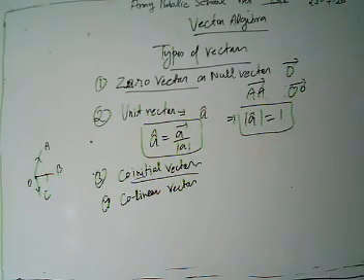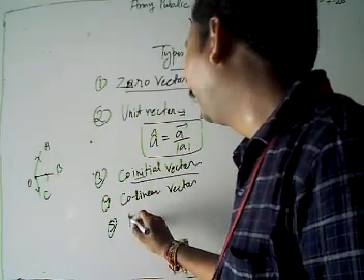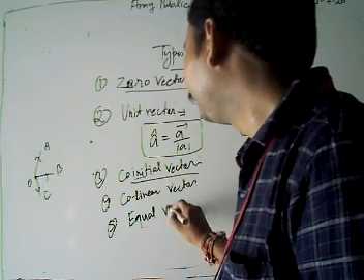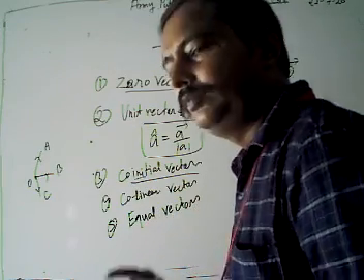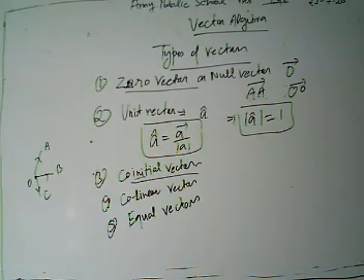Then we have the next one, equal vectors. What are equal vectors?